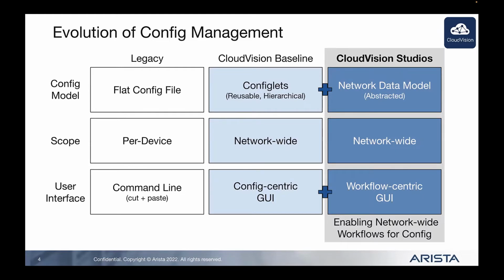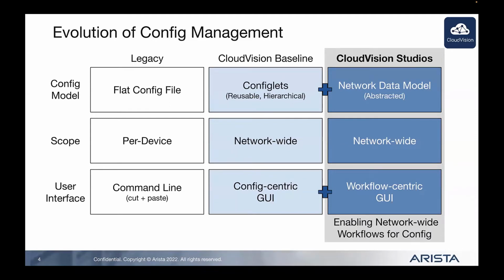And so in order to address the various levels of operators, we brought in CloudVision Studios, which abstracts configuration another level by having a data model which doesn't need the end user to worry about knowing the CLI syntax, right? I need to configure NTP. All I need to know is the NTP server, and how to get to it and make sure the switch can get to it, and not worry about what that CLI syntax underneath needs to be. And that's what CloudVision aims to achieve at a very simple level.